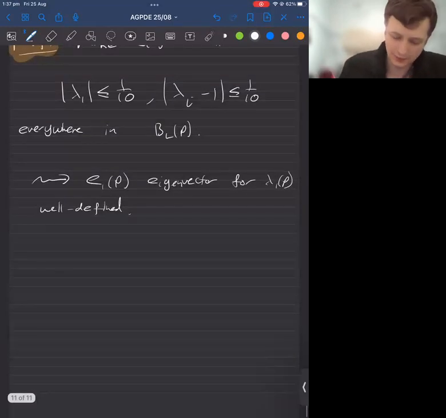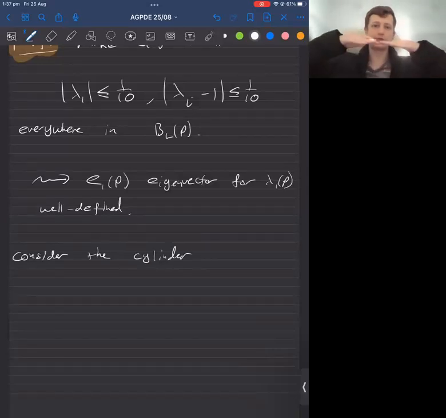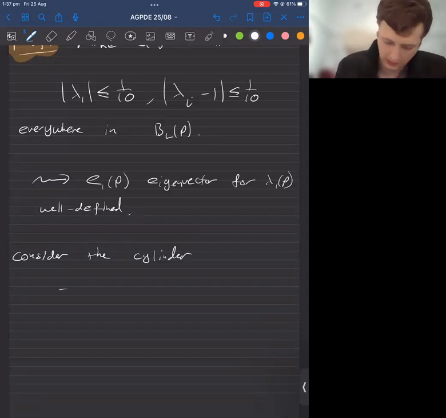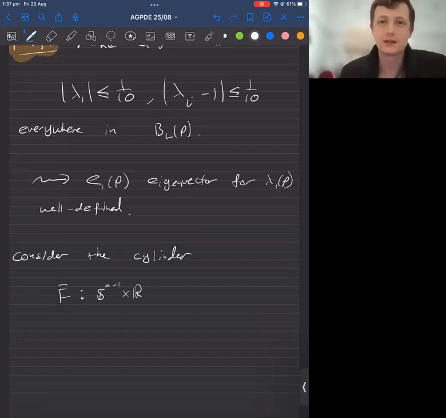Okay, and so now we want to consider the cylinder that lines up with this eigenvector for lambda_1, right? So F bar. So when you say well-defined, you mean it depends mostly on P? Or? No, I just mean there is a unique eigenvector for lambda_1, I guess. Okay.